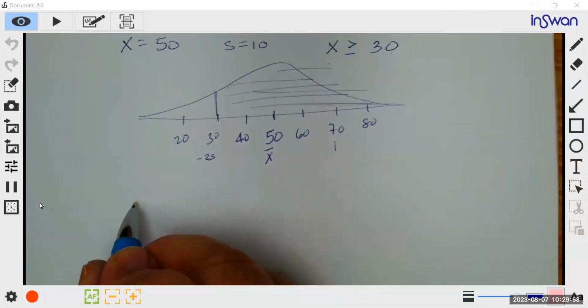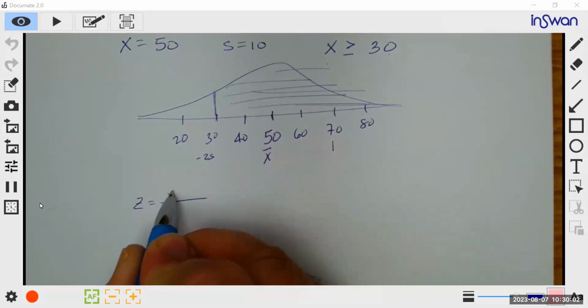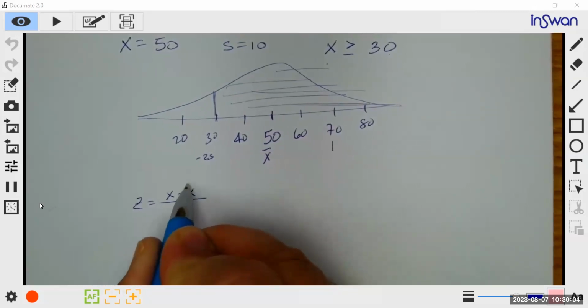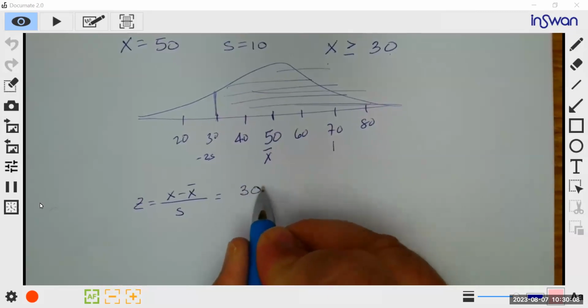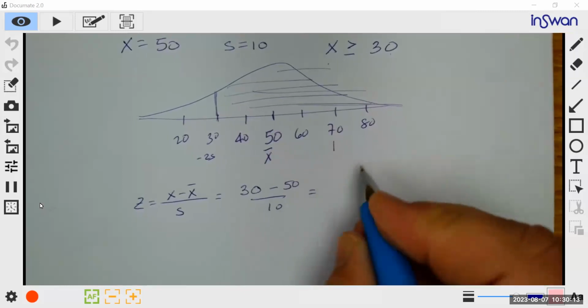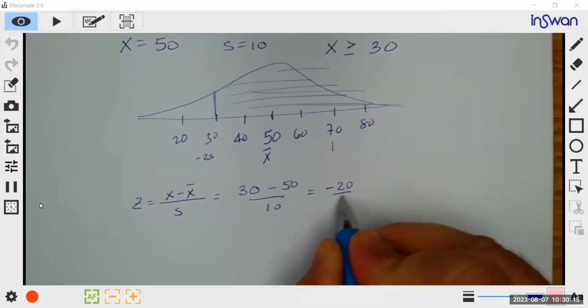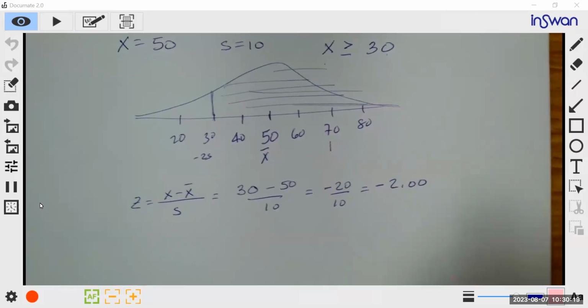All right, so first convert it to a z-score, which is x minus x bar over s, which is 30 minus 50 over 10. Negative 20 over 10 is negative 2.00.